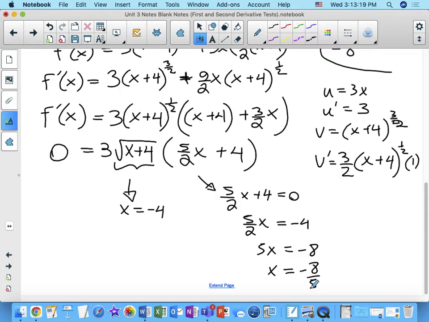And you know what? I'm going to write that as -1.6, because I don't really feel like putting in fractions. That's going to be a bit of a pain. And it's a terminating decimal, so I'm not going to be rounding if I convert it to decimal. So I'm very happy to do that.